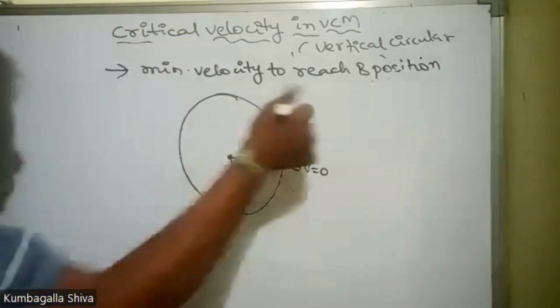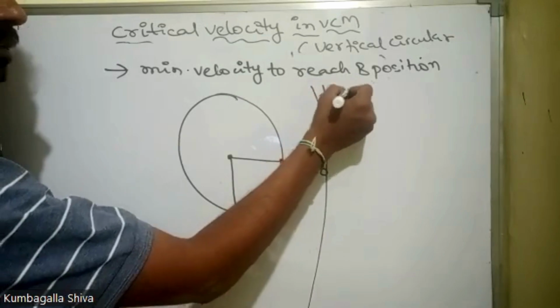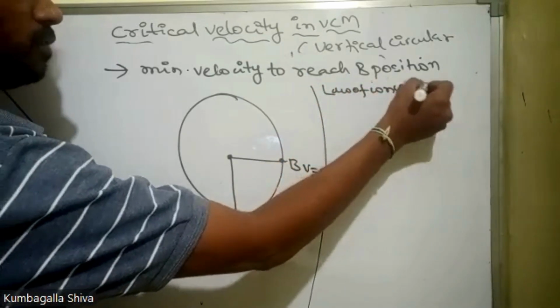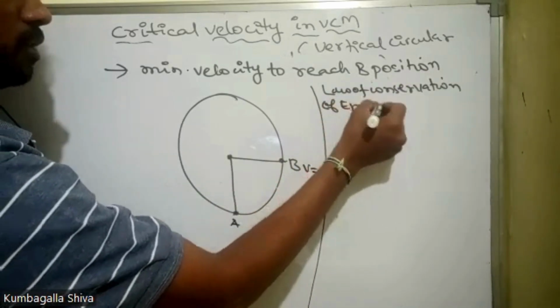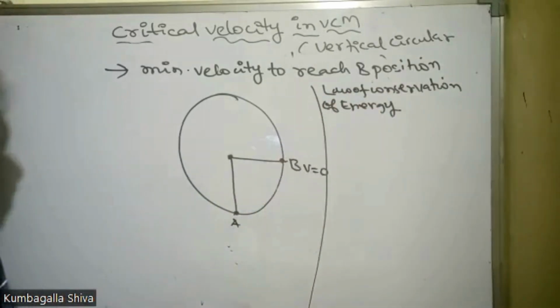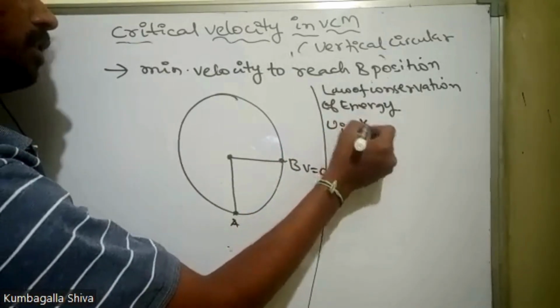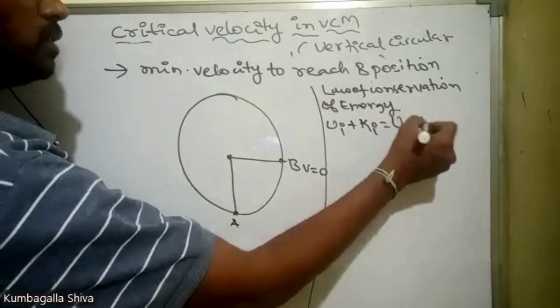Now, following the law of conservation of energy, what is that? U initial plus K initial is equal to U final plus K final.